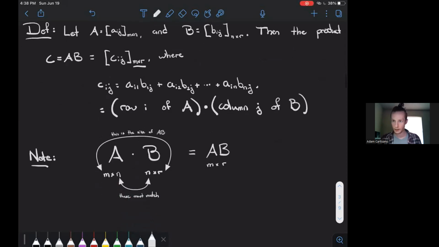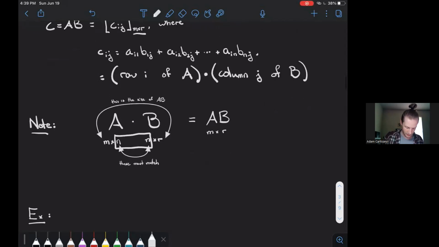Before I show you what that looks like, let me point out one thing. For that to make any sense at all, whatever row you're in for matrix A has to have the same number of entries as whatever column you're in for matrix B. Here's A, 4 entries per row.